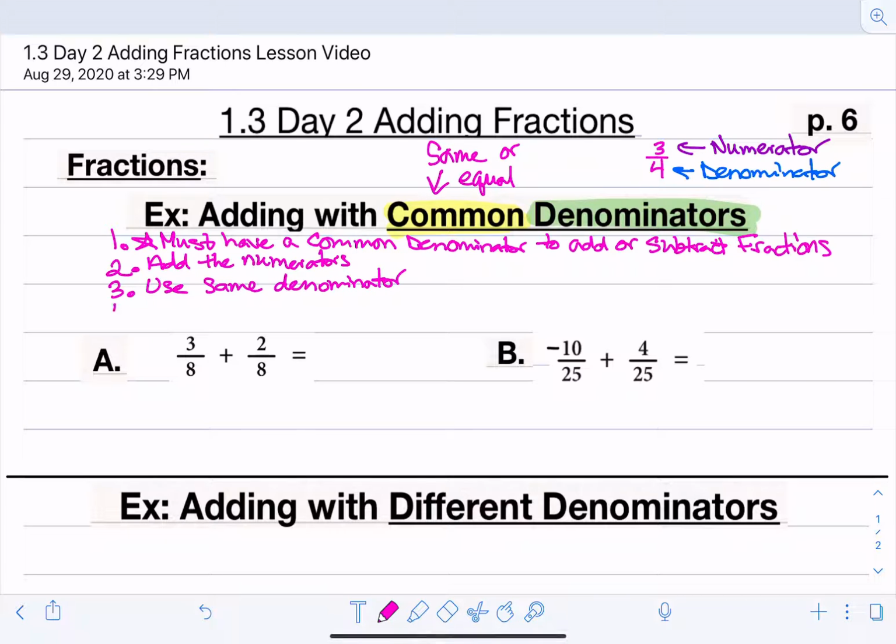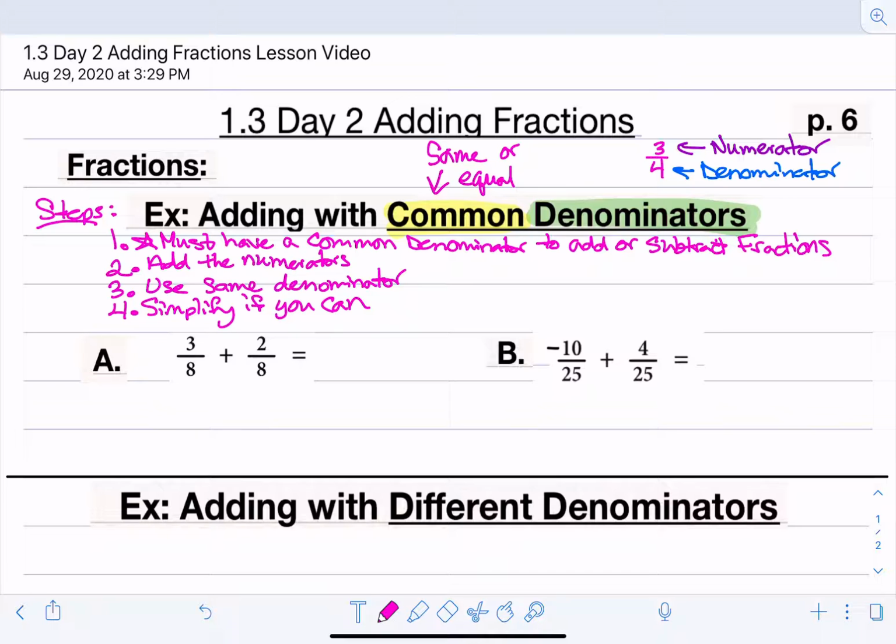And step four would be simplify if you can. You're not always going to be able to simplify. Okay, so here's our steps on how to add fractions when they have common denominators.